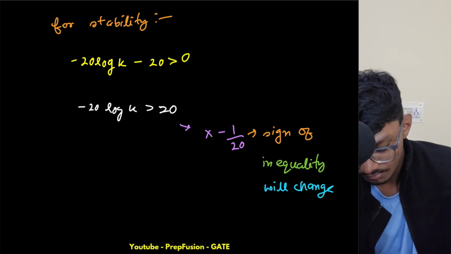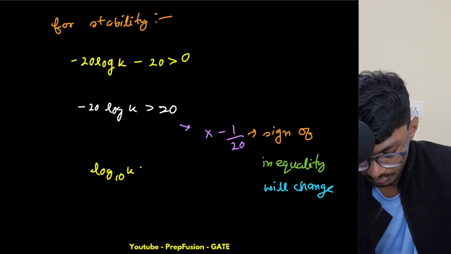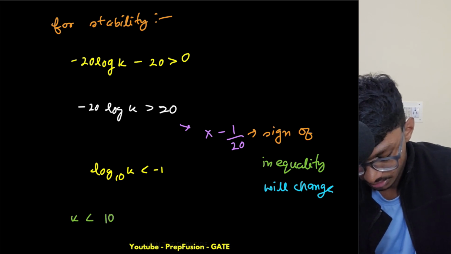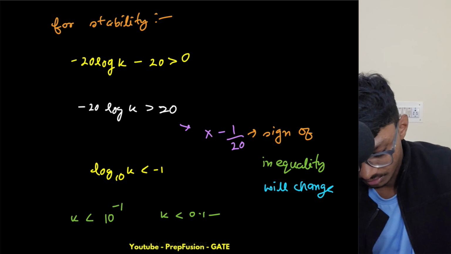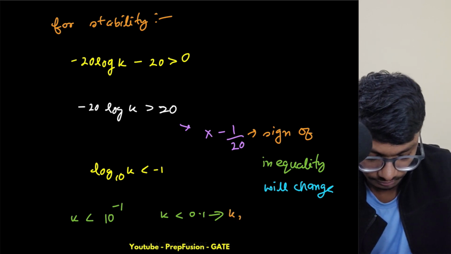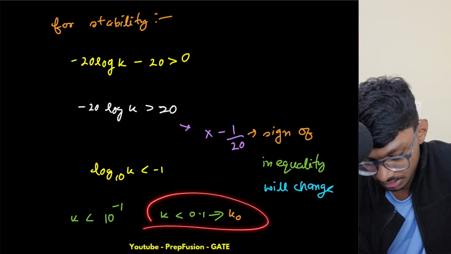Okay, so obviously this one will become log of 10k will be less than minus 1, because we're multiplying by something negative, so the sign of inequality will change here. So 10 raised to k should be less than or equal to 10 raised to power minus 1, so k should be less than or equal to 0.1. Okay, so this is equal to my k naught, this is my answer. Okay, so this is how you can do it.